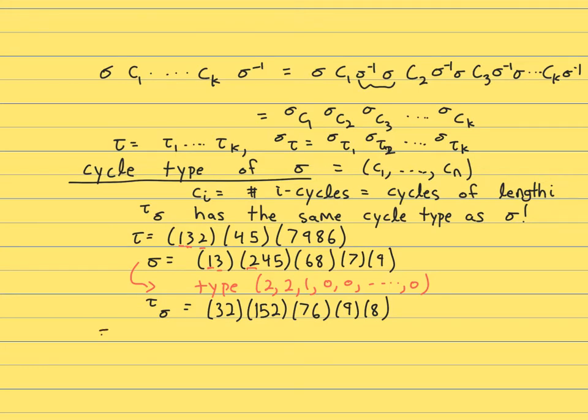And the collection of such sizes is called an integer partition. There are two ways to denote cycle types. I was choosing this approach where you denote it by the number of i-cycles. The other way is to denote it by the sizes of the cycles themselves as just an unordered set.